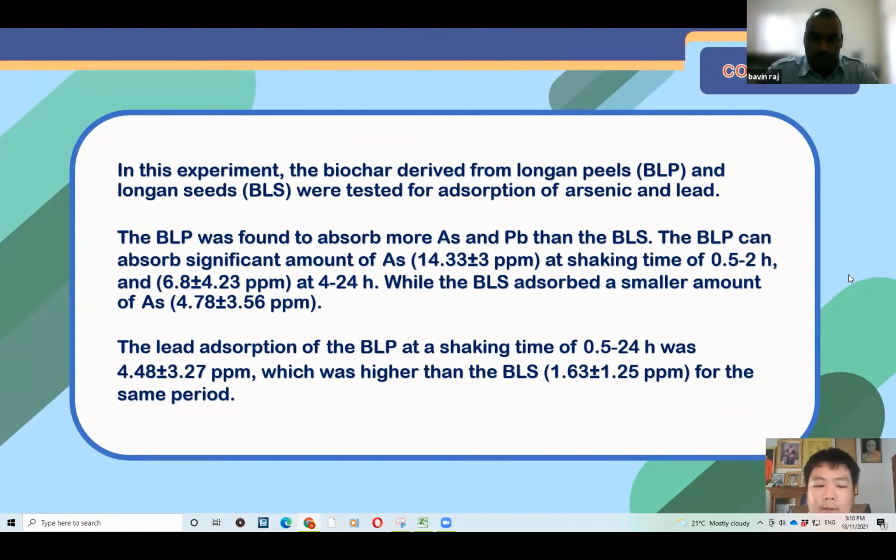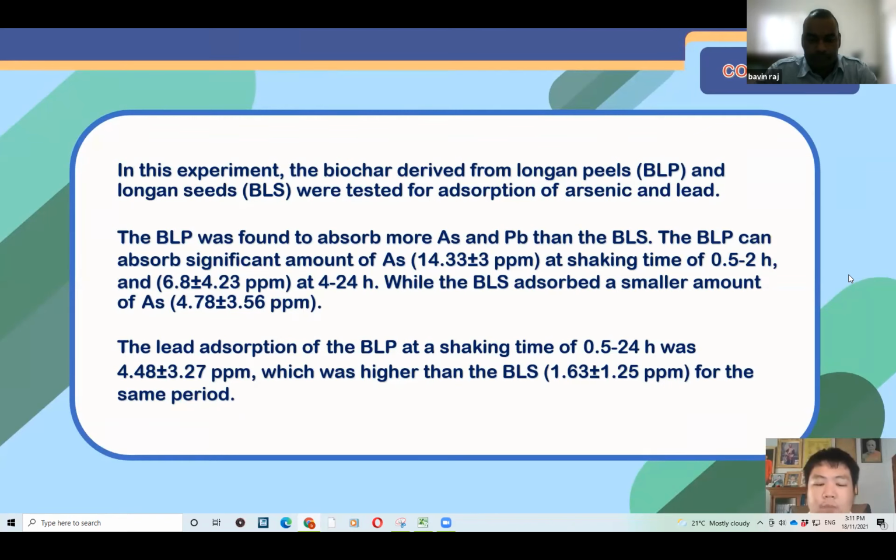The BLP can adsorb a significant amount of arsenic, 14.33 plus minus 3 ppm at shaking time of 0.5 to 2 hours, and 6.8 plus minus 4.23 ppm at 4 to 24 hours, while the BLS adsorbed a smaller amount of arsenic, 4.78 plus minus 3.56 ppm.